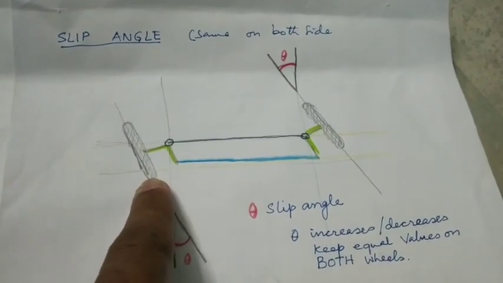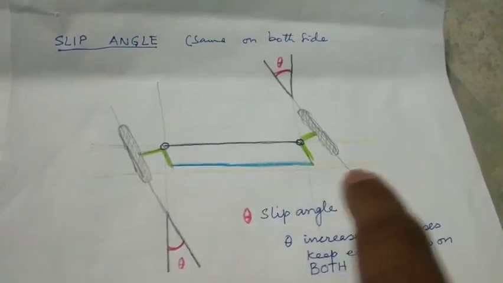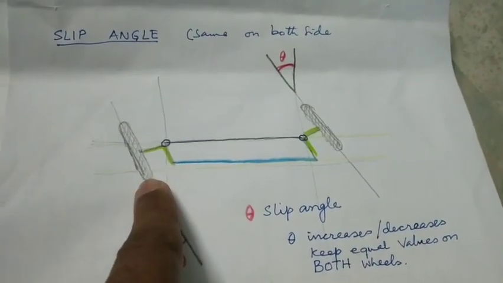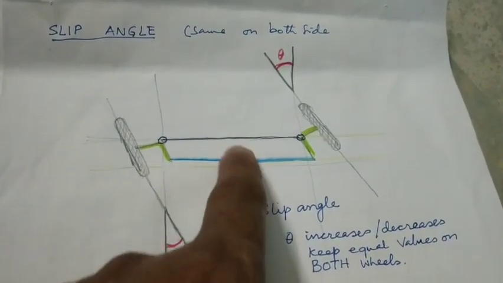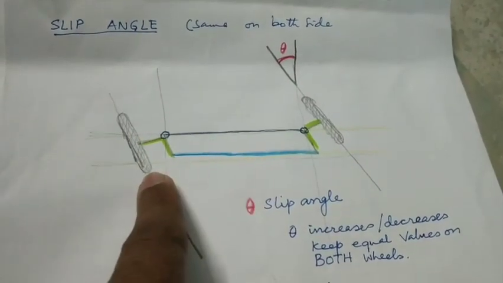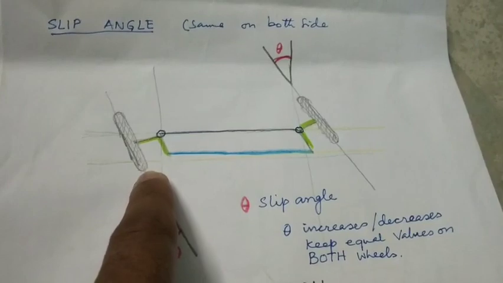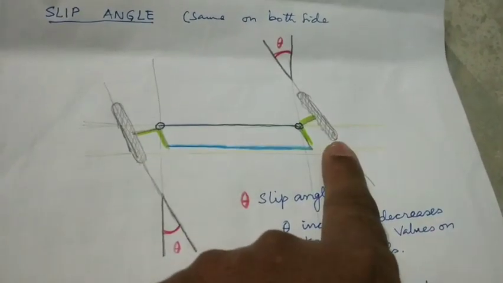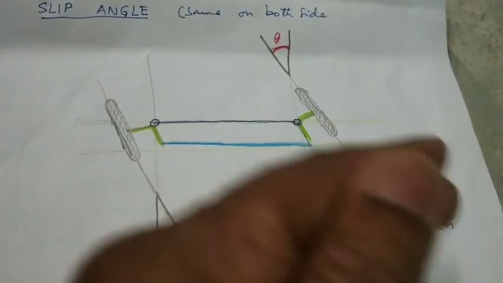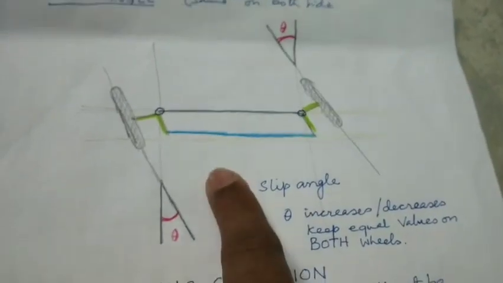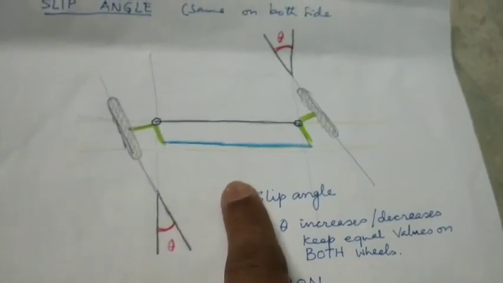So this wheel turns more, this wheel turns less, and as the vehicle is moves, this wheel will have a lot of slip in order to go ahead, because the vehicle is moving with the two wheels together. The front wheel I am talking about is the one which is participating in the steering system.